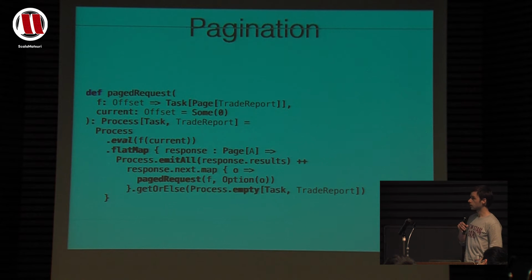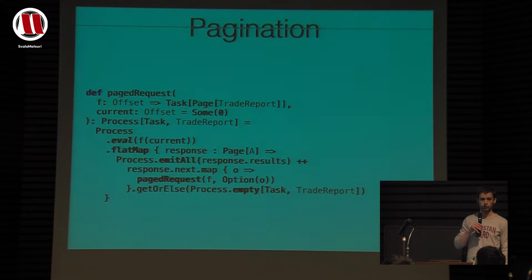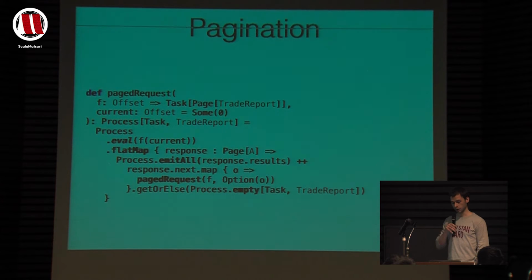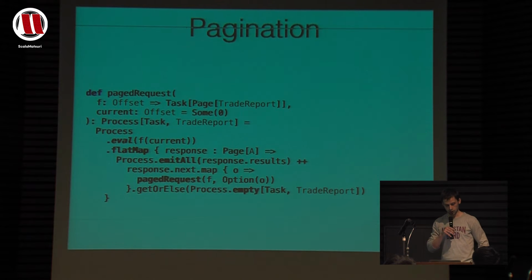And then we flat map the received page and we emit all the results, so all the trade reports within this page we will emit in the process, and thus turning the process of a page into a process of trade reports. Finally, we will append it to the next page request call if there's a next offset, and if we're finished with the pagination, we will just return the empty process of type task and trade report.